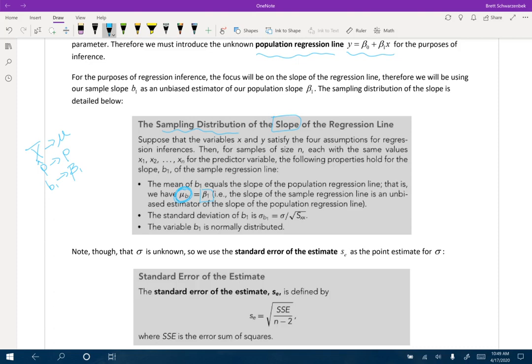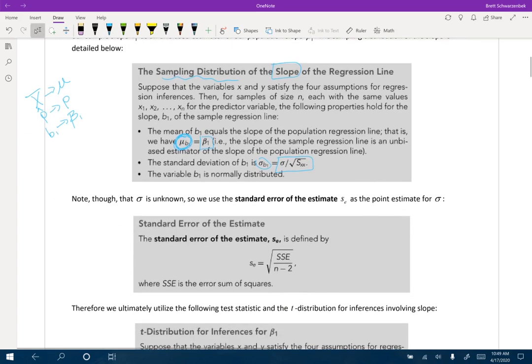But what about the formula for standard deviation? Remember, we had sigma divided by root n. Now the standard deviation of the sample slope is going to be sigma over the square root of Sxx. We will talk more about these variables and formulas later, but that's the general idea.